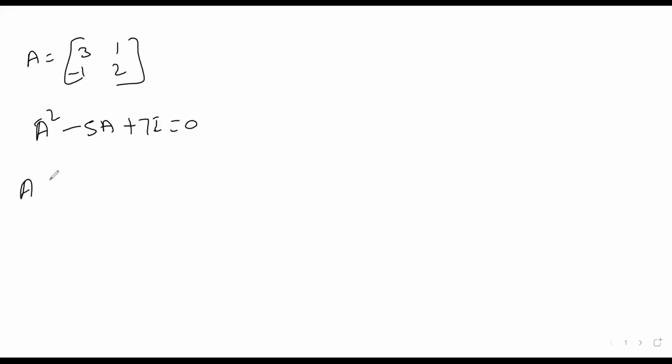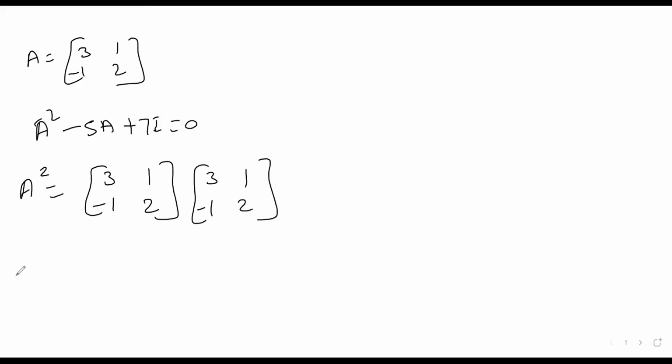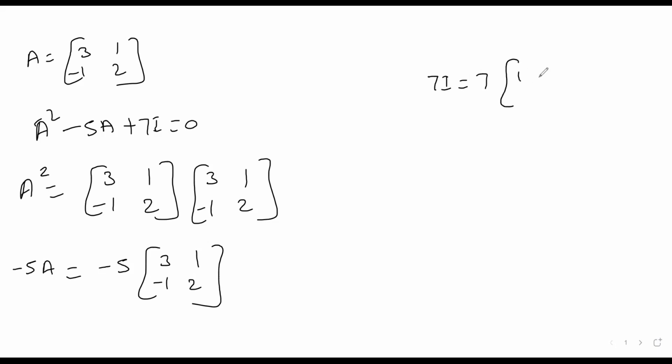So what will A square be? 3 1 minus 1 2 times 3 1 minus 1 2, this will be your A square. Minus 5A, minus 5 into 3 1 minus 1 2, and plus 7I. 7I is 7 times 1 0 0 1. And then you just put it here and prove that it is equal to 0.